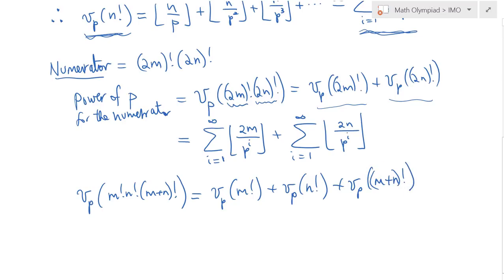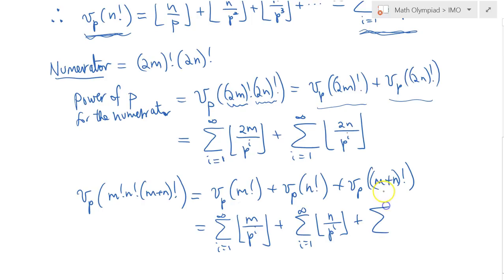And like we did earlier, for the first one, this is just the summation, i equals from 1 to infinity of m over p to the i, plus the summation of n over p to the i, i equals from 1 to infinity again. And finally the third one, m plus n over p to the i, i equals from 1 to infinity.